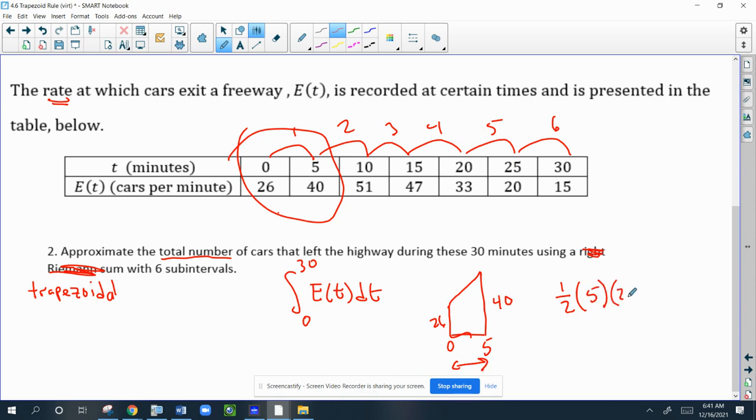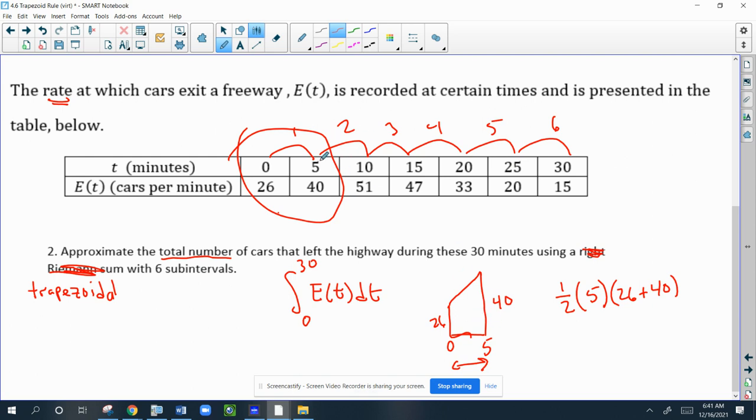The bases are the heights, because this is a trapezoid on its side. So let me calculate it quickly: (26 plus 40) divided by 2 times 5. That's 165. So that would be the area of this trapezoid.